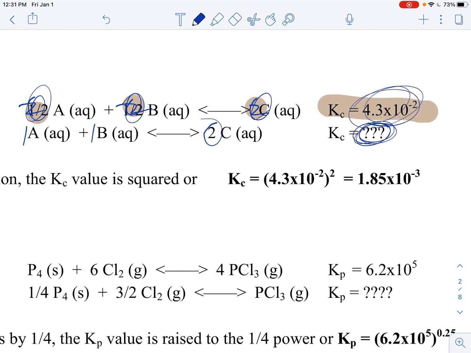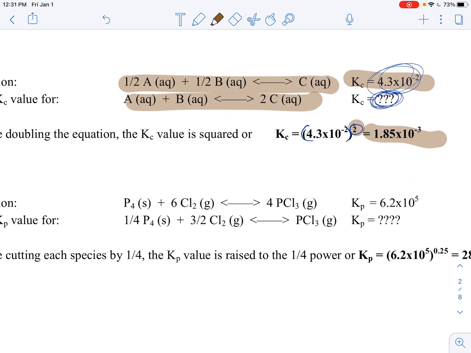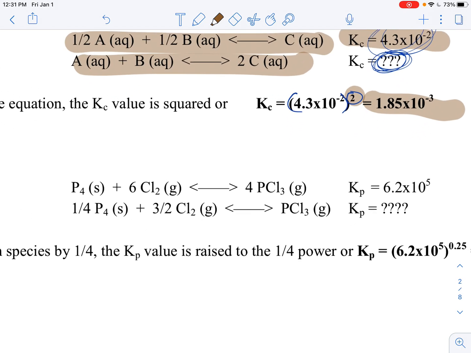If I want to figure out what my new K value is, all I have to do is take the old K value and raise it to the power of the stoichiometric coefficient that I applied to the balanced equation. Because I doubled all of these to get to this one, I'm going to end up squaring my K value, and now that's going to be my new K value to incorporate all the different changes that I just made.